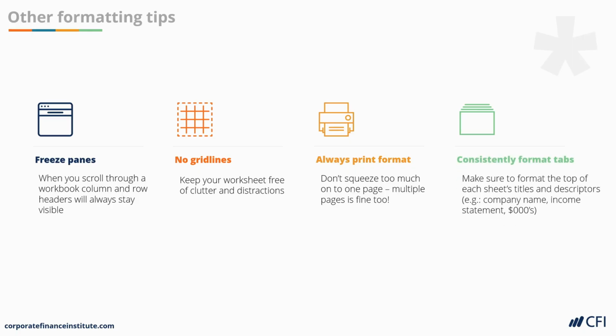And finally, you want to have consistent labeling across the tabs, including worksheet titles, descriptions, and units or other important labels. All of these concepts of financial modeling best practices are covered in our earlier courses, such as the Excel crash course and building a financial model in Excel.